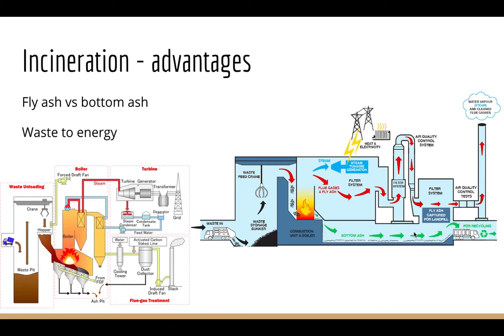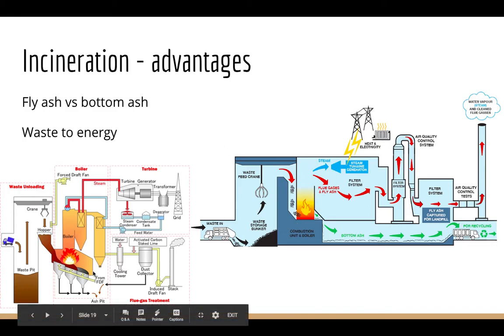If the ash has heavy metals present, often the ash is processed beforehand to remove them, but if that bottom ash or that fly ash is toxic, then that toxic ash with heavy metals in it is going to have to go to a landfill that's designated for toxic substances, which we'll talk about when we talk about hazardous waste.